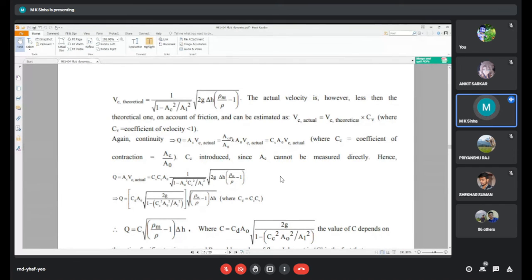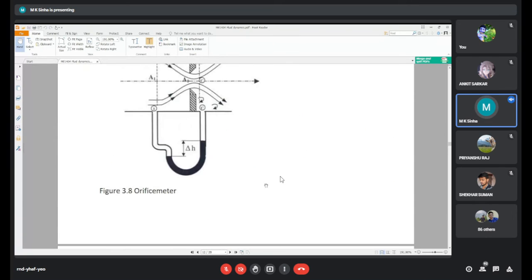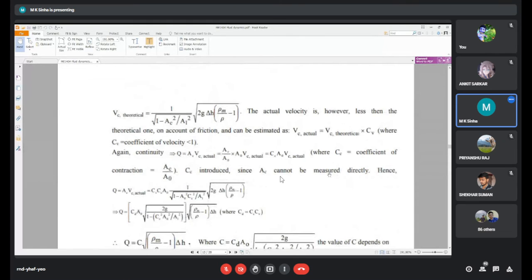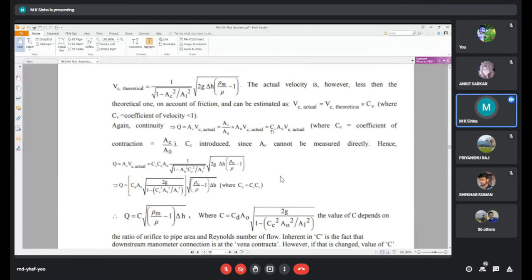So AC, the area at the vena contracta, divided by the area at the lowest point A naught, is called CC, the coefficient of contraction. Coefficient of contraction times the area at the minimum cross section times the velocity at the vena contracta actual.